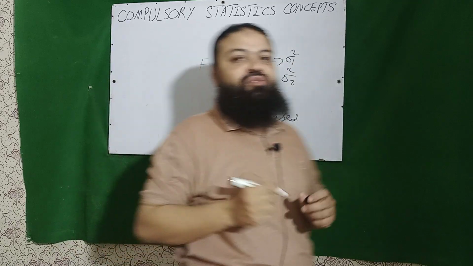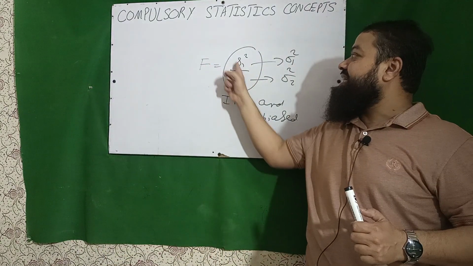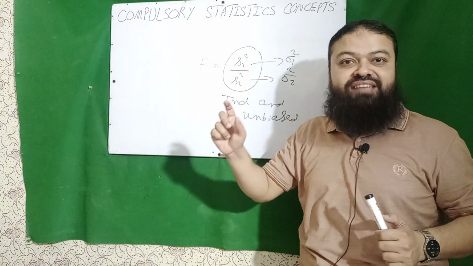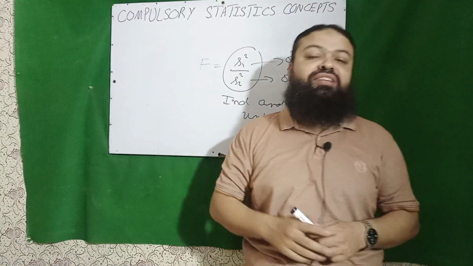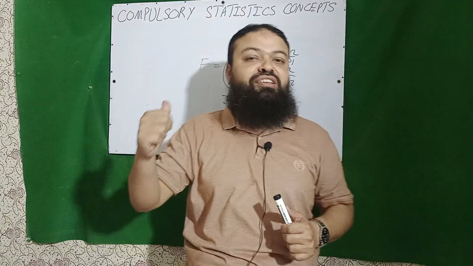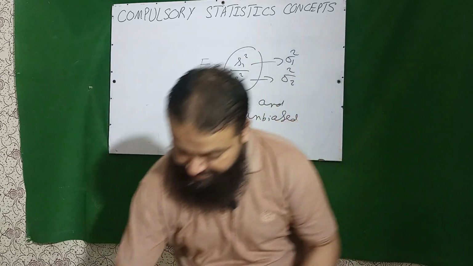A very important concept. F is the ratio of the two independent as well as unbiased estimates of the population variances. This is an essential, compulsory and obligatory concept for every written test of statistics.